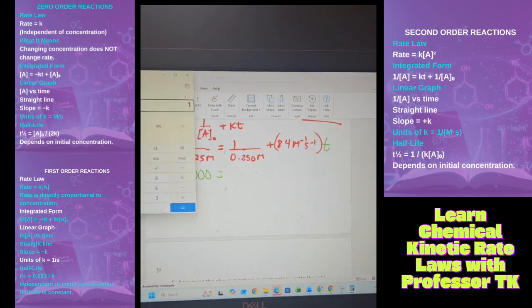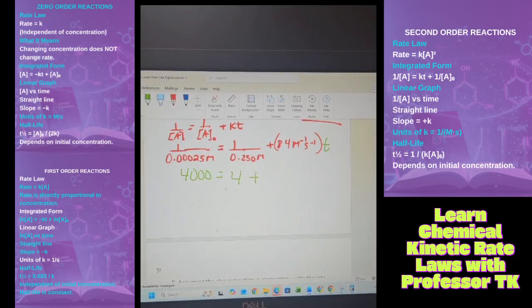Then 1 divided by 0.250 gives you 4, plus 84 times T. Now, this looks like math you're familiar with: 4,000 equals 4 plus 84 times T. This is why they tell you you need at least college algebra to do this type of math. When they say chemistry is math, this is what we're saying.